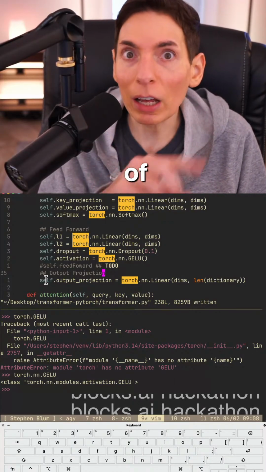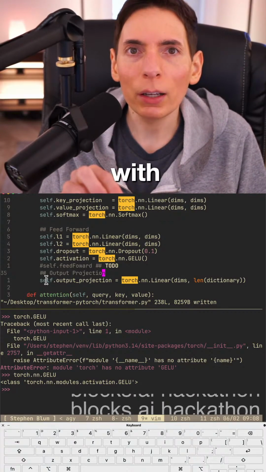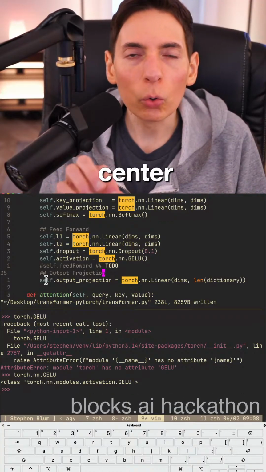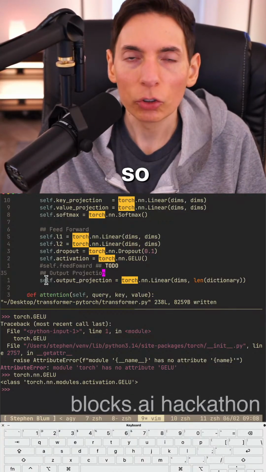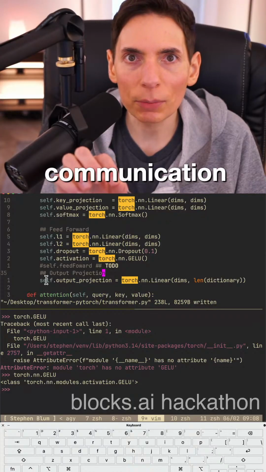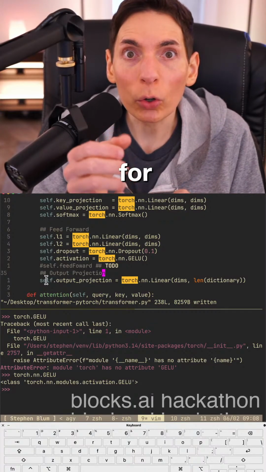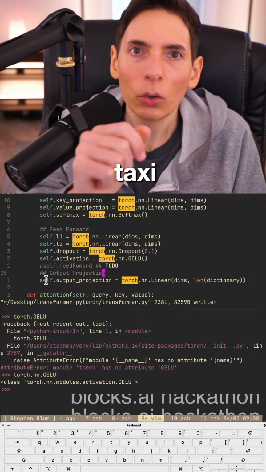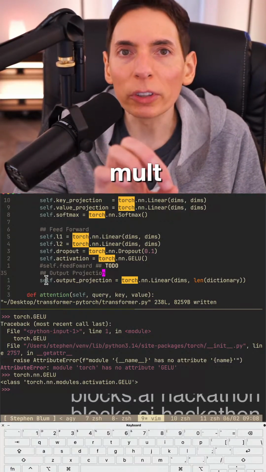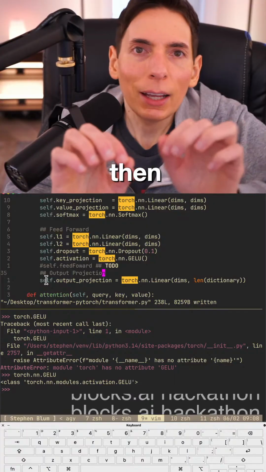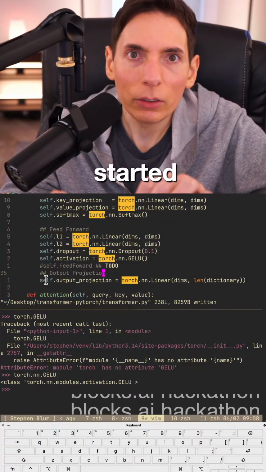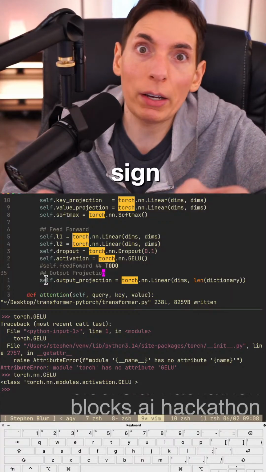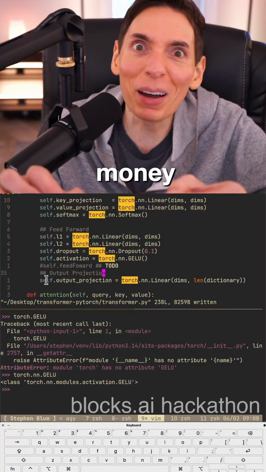And then it just took a lot of iteration, because we started with a single region, single data center, and low-reliability messaging. So in-app communication, which made it really easy for on-demand drivers. You could order a taxi, or you could do chat, or multiplayer gaming. And then we started making money, started being profitable immediately, which is a really good sign, obviously. We're making a whole bunch of money.